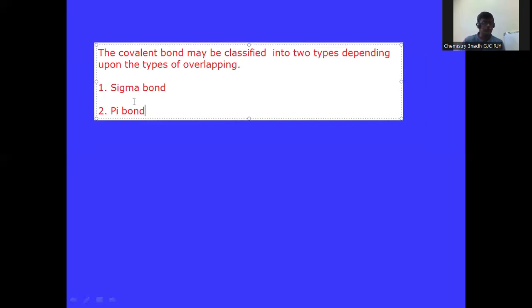One is called the sigma bond, and the second one is the pi bond.